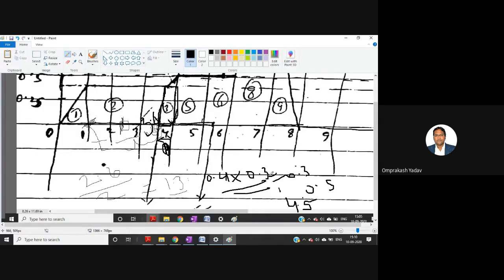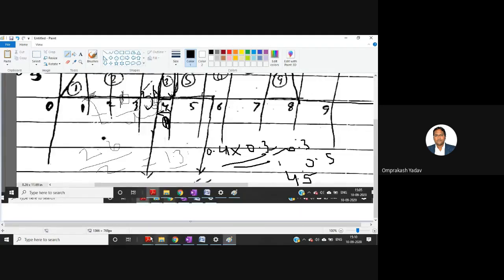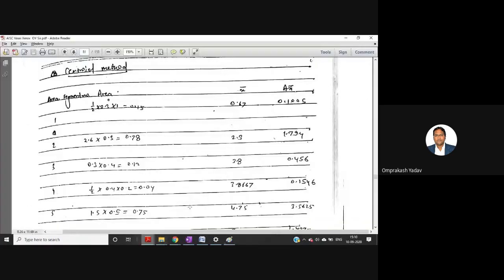So the area will be 0.4 multiplied by 0.3. If this is 0.4, divide by 2, so that will become 0.2. 0.2 will be the middle point, but from 3.6, if you add this 0.2, it will become 3.8. So whether 3.8 is correct? Yeah, 3.8 is correct. So 0.12 multiplied by 3.8 and you will get 0.456.